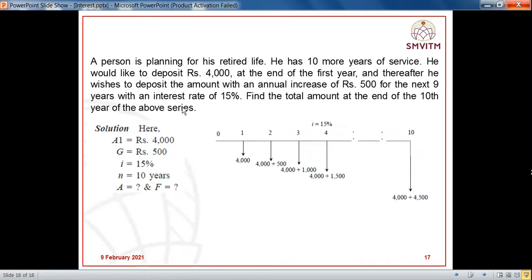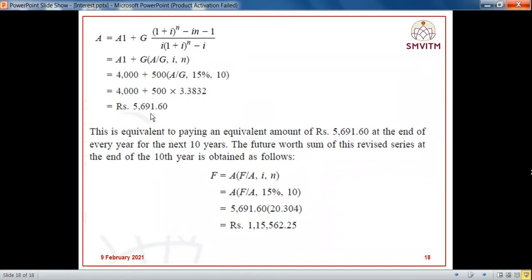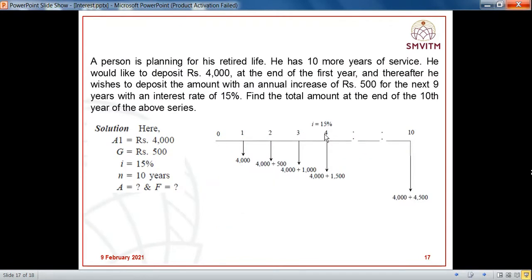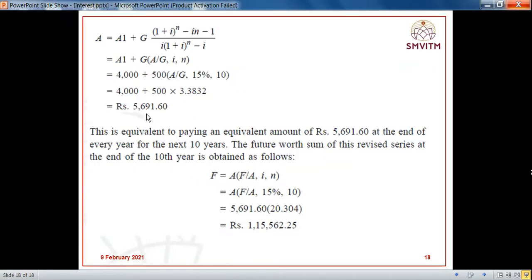That is, depositing 4000 in the first year, 4500 in the second year, 5000 in the third year, 5500 in the fourth year, and so on, is equivalent to depositing 5691.6 rupees every year for 10 years. Gradient conversion is nothing but converting the varying payment into an equal payment.